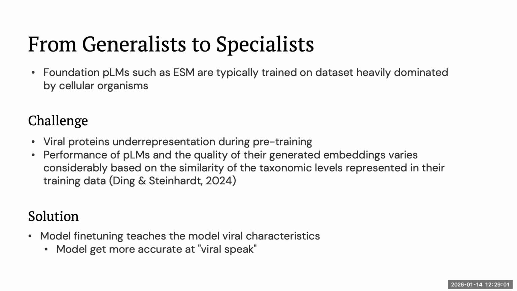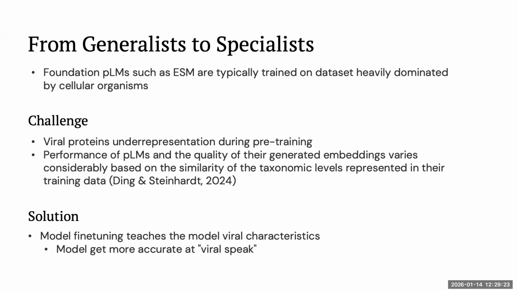We know from publications that the performance of protein language models is heavily dependent on the proportions of the sequences that it sees in that data set. So if it hasn't seen a lot of fungi sequences or a lot of viral sequences, it's not going to do very well on those types of sequences.